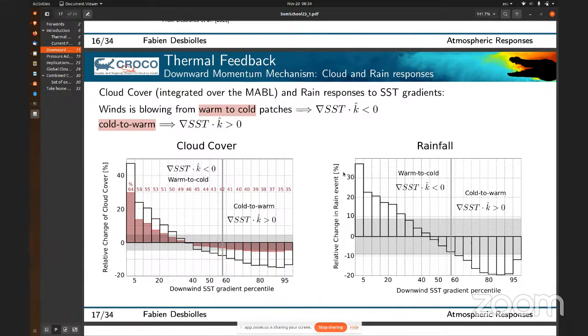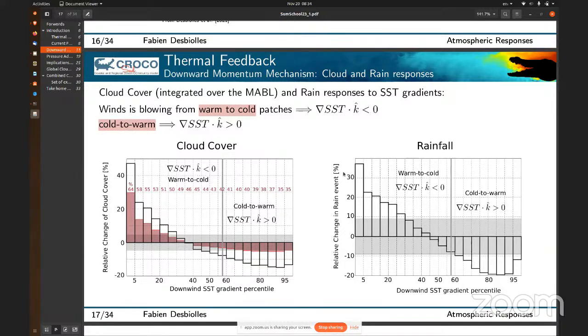That means that from 0 to 5, this is the 5% extreme of the SST gradient of the negative, warm to cold scenario. And on the contrary, 95 and above is the 5% extreme of a cold to warm scenario.